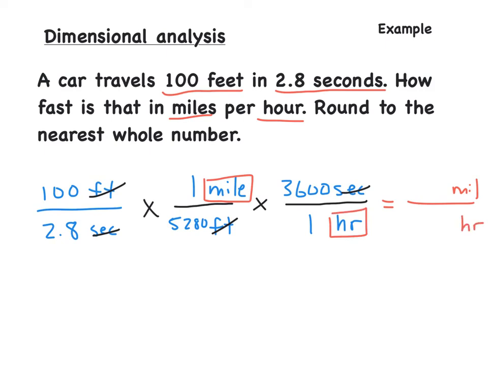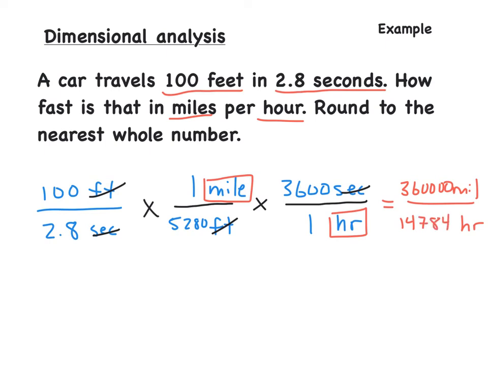So all we have to do is multiply straight across. So 100 times 1 times 3,600 is equal to 360,000. And if you multiply straight across in the denominator, 2.8 times 5,280, that is equal to 14,784.